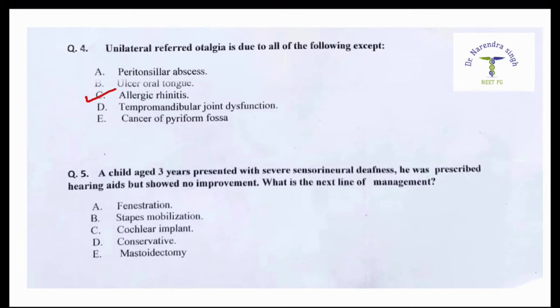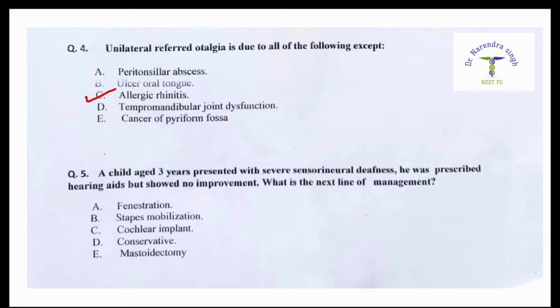Option D: in temporomandibular joint dysfunction, usually the patient comes with the complaint of earache, not the complaint of joint pain in the temporomandibular joint. And option E is cancer of the piriform fossa. All the other four options are correct; only option C is not a cause of unilateral referred otalgia.